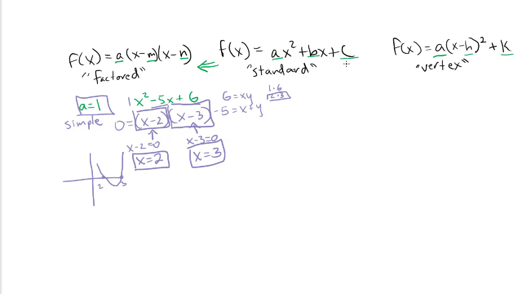So essentially our c value in the standard form represents our y-intercept. In this case, that's plus 6, so our graph would pass through plus 6. I'm getting into a little extra information on the graphing here, but let's stay focused on finding our roots or our zeros. In this case, it's 2 and 3. That's our simple factoring case.